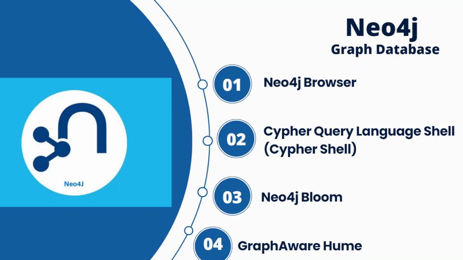It's particularly helpful for non-technical users to understand complex graph structures. The last but not the least, GraphAware Hume, an enterprise knowledge graph platform built on Neo4j. It facilitates data integration, NLP, and graph analytics. It's commonly used in applications like fraud detection, recommender systems, and knowledge graphs.